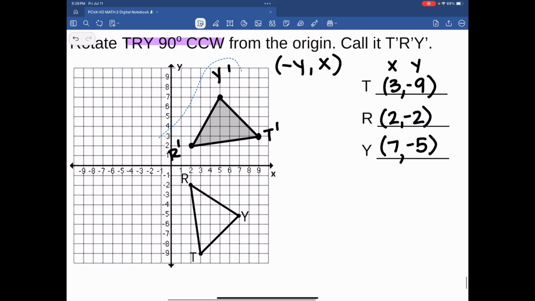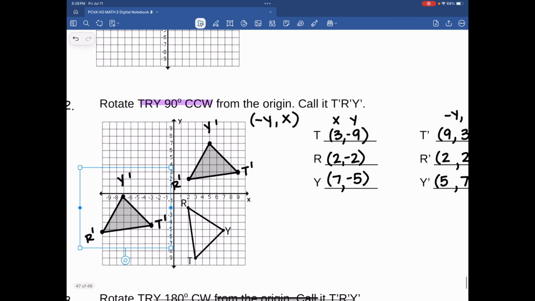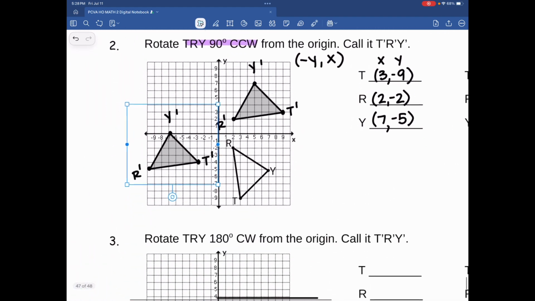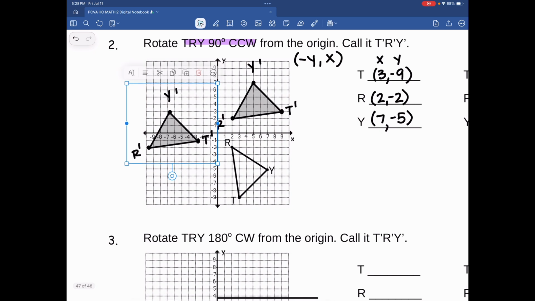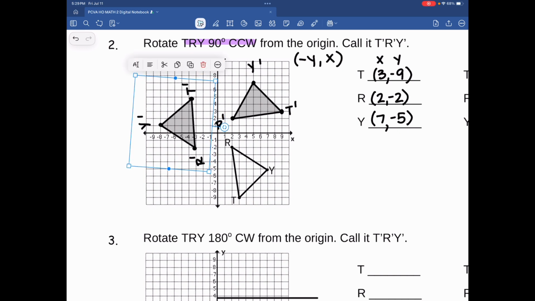So once I go to copy this, I can show the rotation here. All right, so again, I'm going to rotate it. So it said that it was rotated by 90 degrees, and that's counterclockwise. So if I go counterclockwise, I would be rotating it this way by 90 degrees.